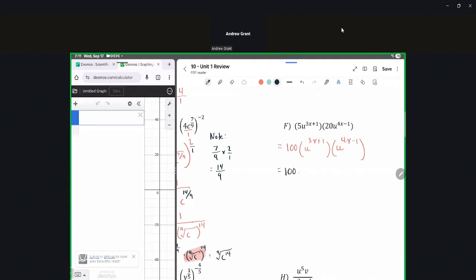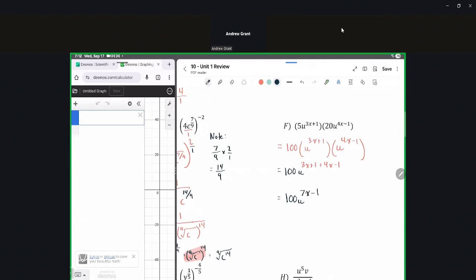So this will be 100 times u to the power of, and that exponent will be 3x plus 1 plus 4x minus 1. We don't need any brackets in the exponent because we're not subtracting anything. And when I say subtracting, I mean like we're not subtracting an entire quantity. Okay. And so we get as a solution that this will be the same thing as 100u to the power of 7x minus 1.